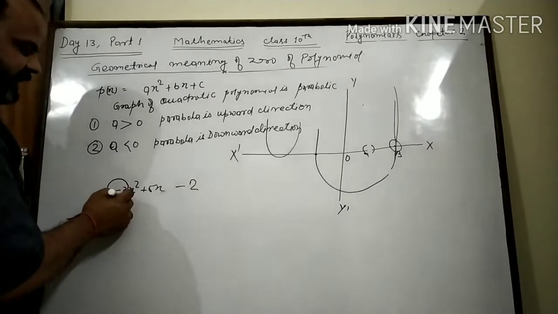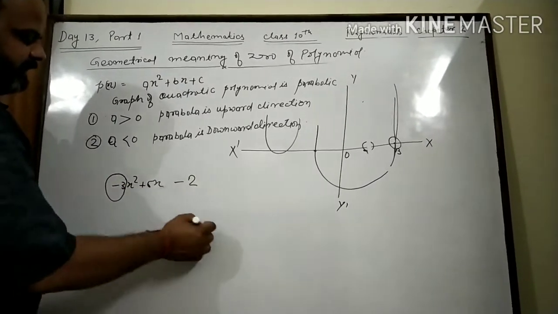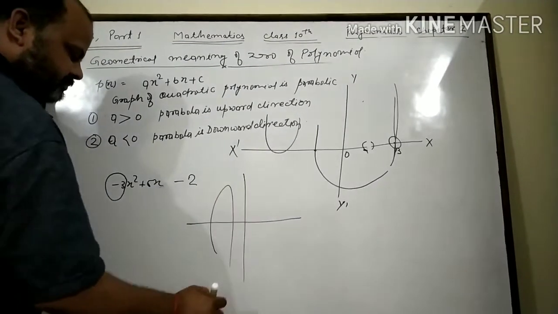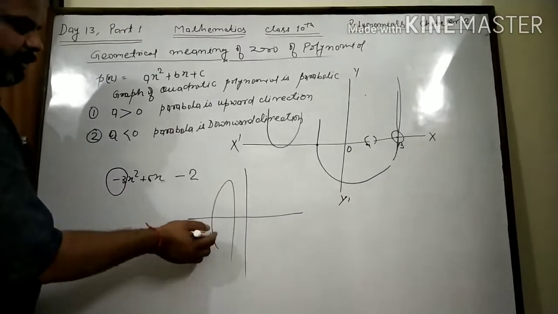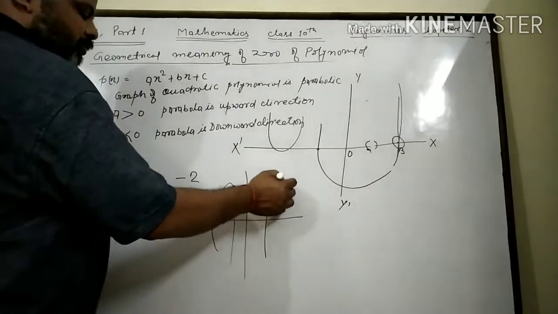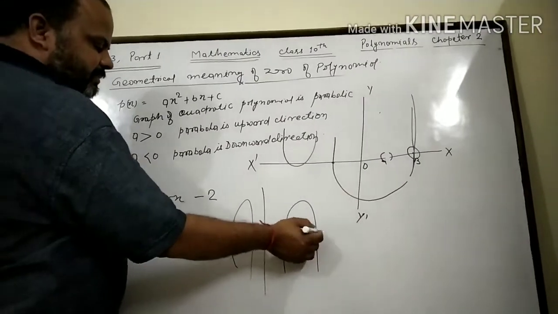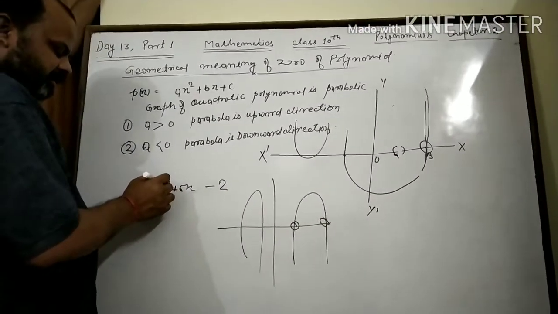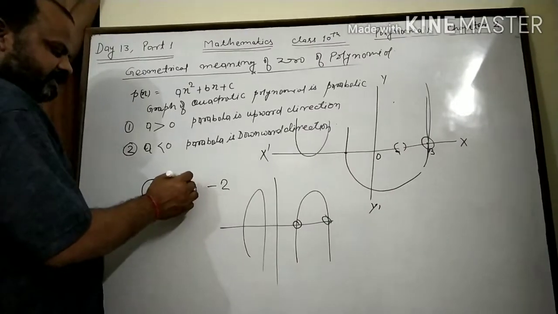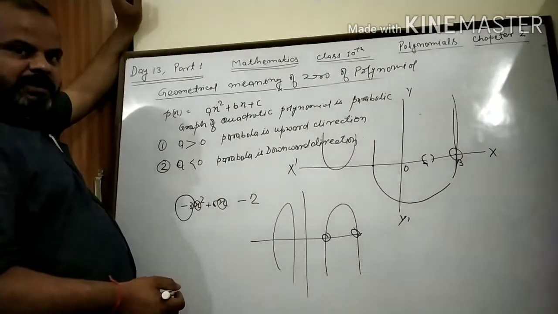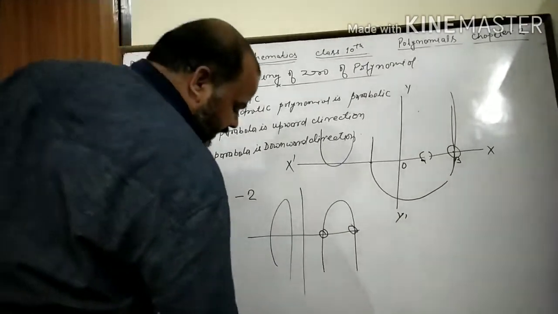Here the coefficient of x square is negative, so its graph is like this. It means the mouth of the parabola is in the downward direction and it intersects the x-axis, because here the variable is x, the polynomial of this variable x. Clear?